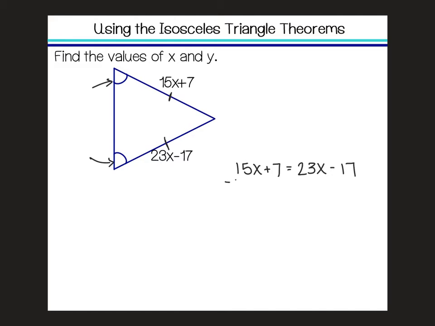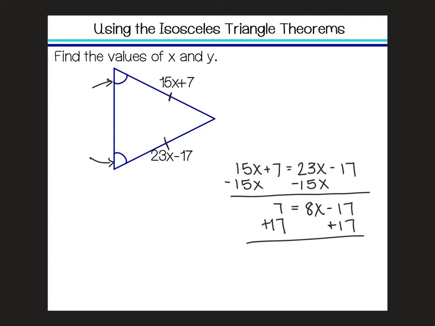So I could subtract 15x from both sides. I could add 17. I would get 24 equals 8x, and finally I would divide by 8, and x is 3.